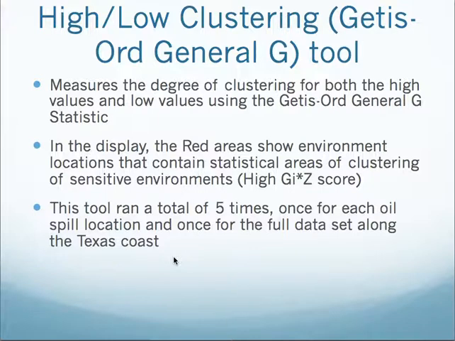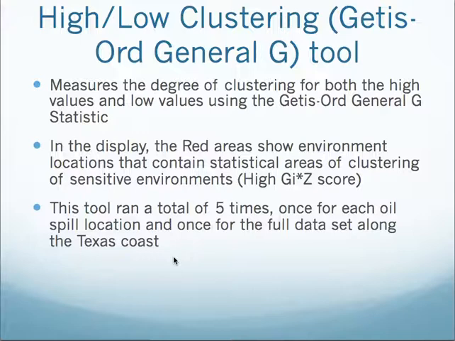This tool measures the degree of clustering for both the high values and low values using this statistic. In the display I'm about to show, the red areas show environment locations that contain statistically high clustering of sensitive environments, and the blue areas show environment locations that contain statistically low clustering of low sensitivity environments.